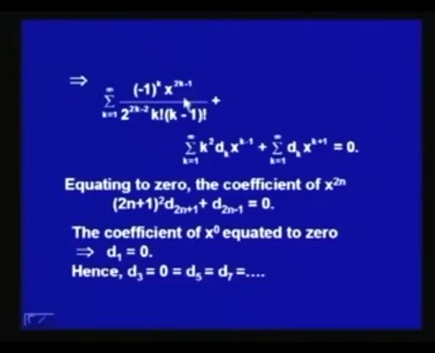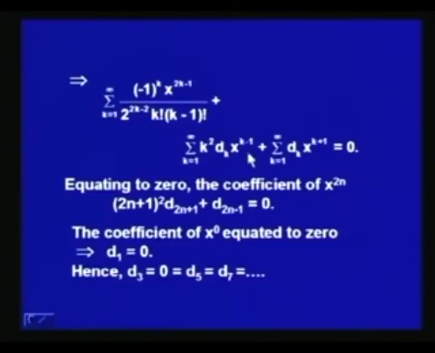So minus 1 plus 4 d2 equal to 0, that will be the coefficient of x when we put it equal to 0. And the coefficient of x to the power 2n plus 1, when we want to find, we will have to put here k equal to n plus 1, so that 2k minus 1 becomes 2n plus 2 minus 1, that is 2n plus 1. So when you take k equal to n plus 1, then we will have minus 1 to the power n plus 1 over 2 to the power 2n plus 2 minus 2, so 2 to the power 2n, over n plus 1 factorial, and then n factorial.